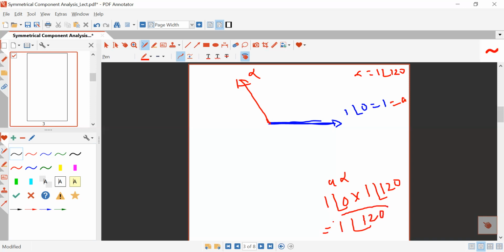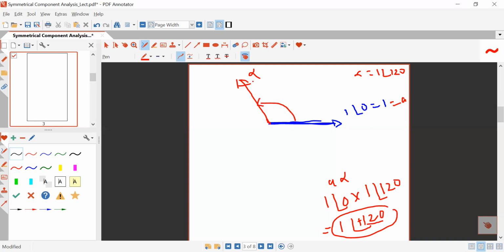So the resultant vector will be 1 angle 120. 1 angle 120 means the other vector will be at an angle of 120 degrees in anti-clockwise direction, because the sign is plus. So you will get this vector.